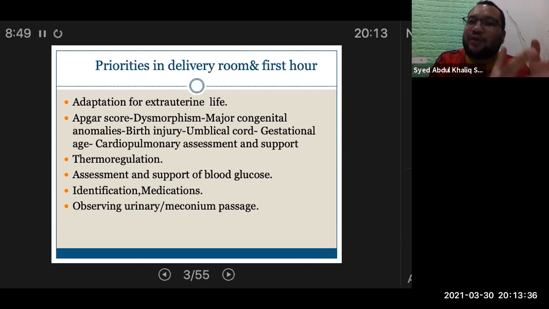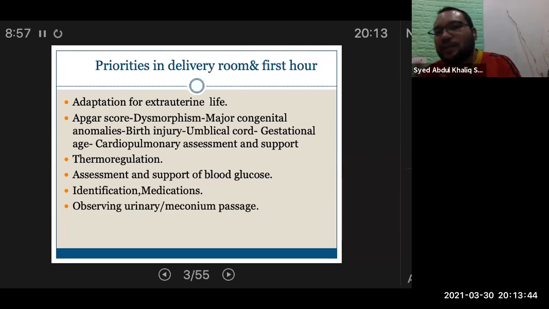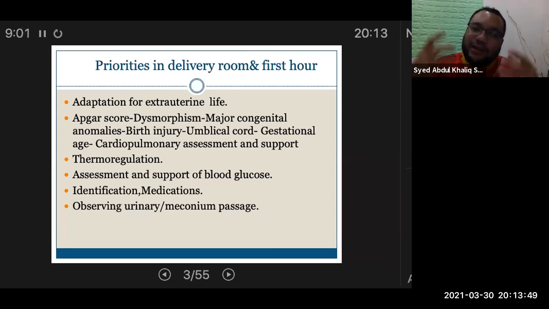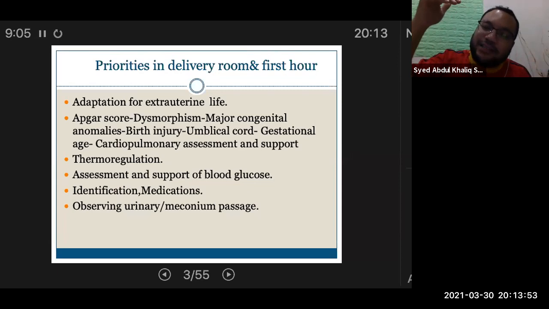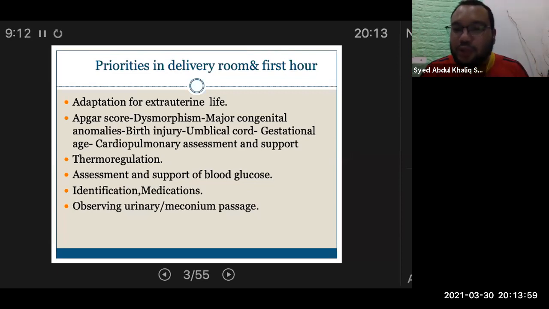Previously, the lung is filled with fluid. There's compression, causing an increase in the pulmonary blood pressure. Increased pulmonary resistance results in increased pulmonary blood pressure. But the moment the airway, the lung, the alveoli are filled with air, there is a reduction in the pulmonary resistance and a reduction in pulmonary blood pressure.